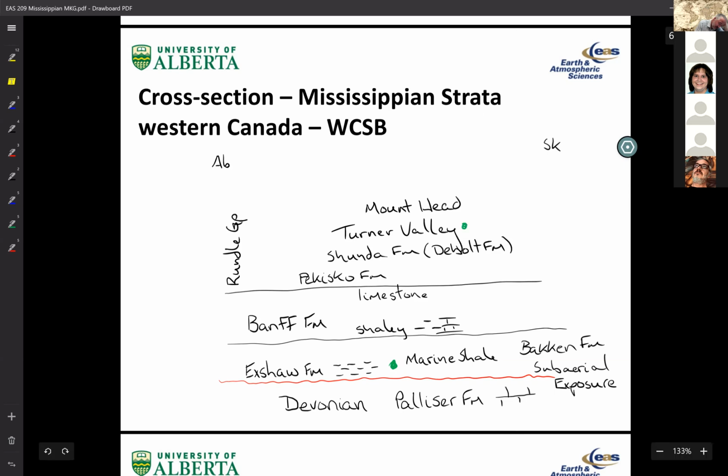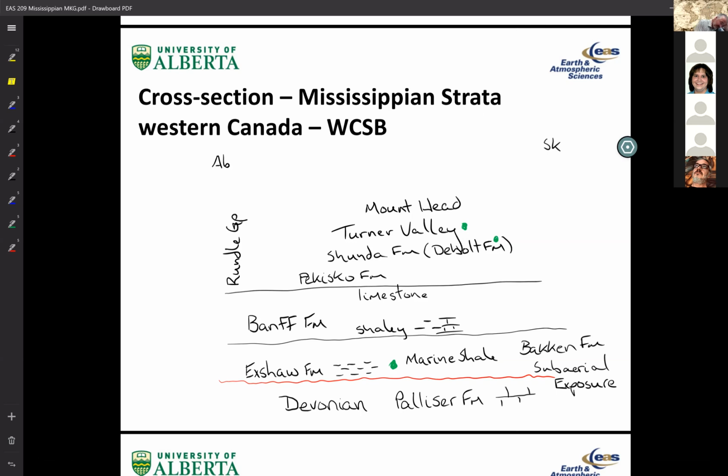So you can just make a note of these. And to varying degrees, explorationists actually still explore for Turner Valley and DeBolt plays because they can be difficult to find in the subsurface, which is actually good news, believe it or not, because it means maybe they're not all discovered yet.